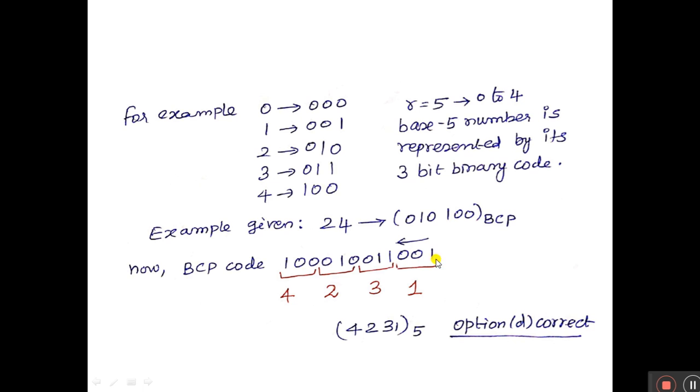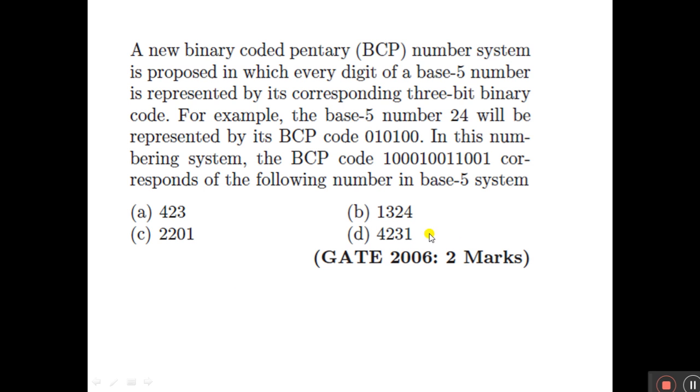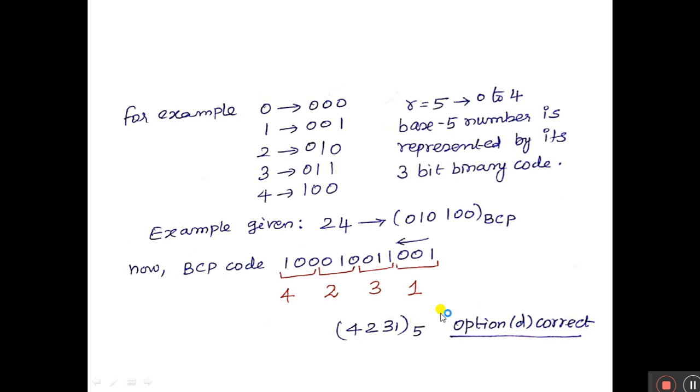Corresponding 001 is 1, corresponding 011 is 3, corresponding 010 is 2, corresponding 100 is 4. So the answer is 4231. The base is 5, so option D is correct.